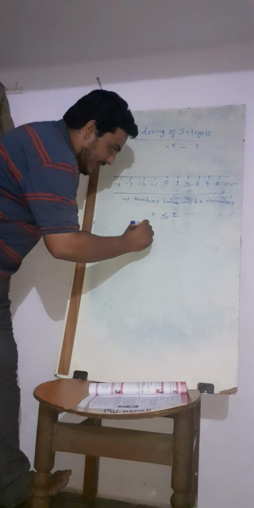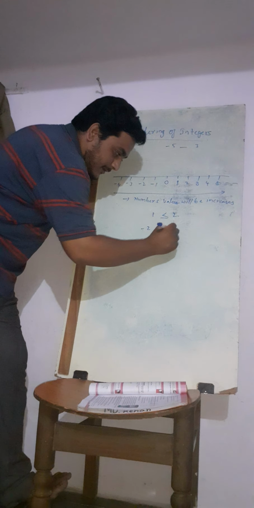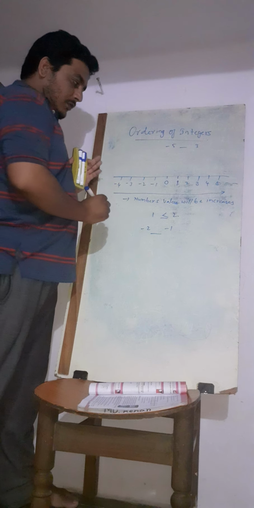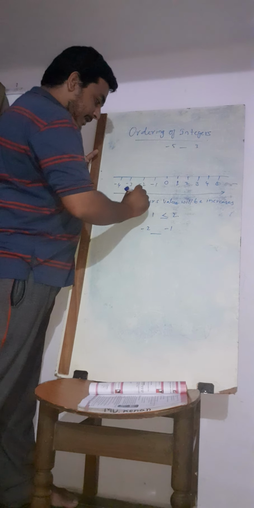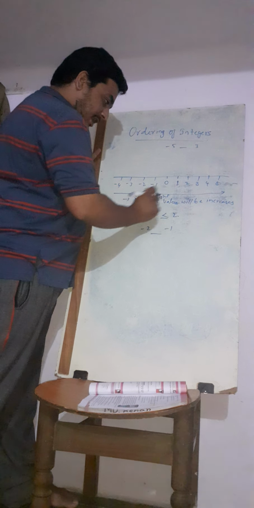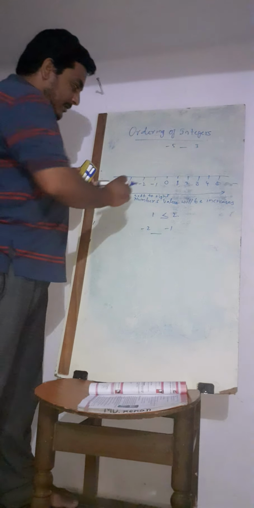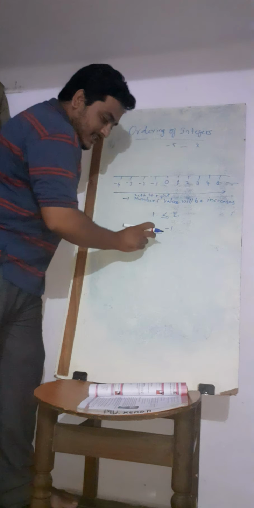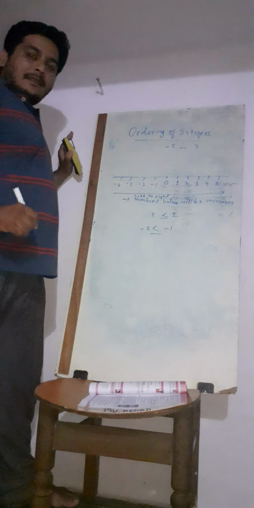In the same way, if I take -2 and -1, as I go from left to right the value is increasing. Going from left to right, -2 comes first, then -1. So -2 is less than -1.